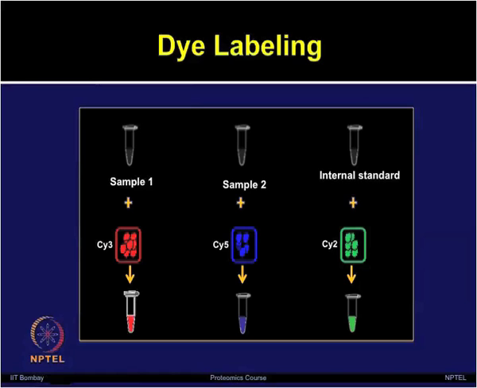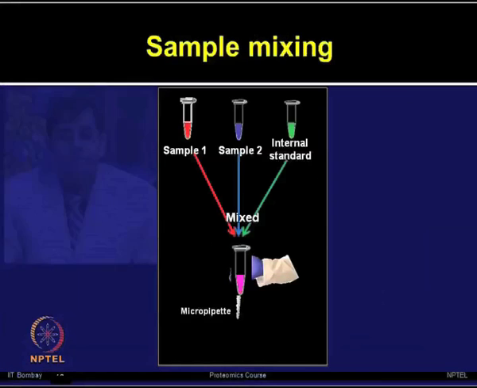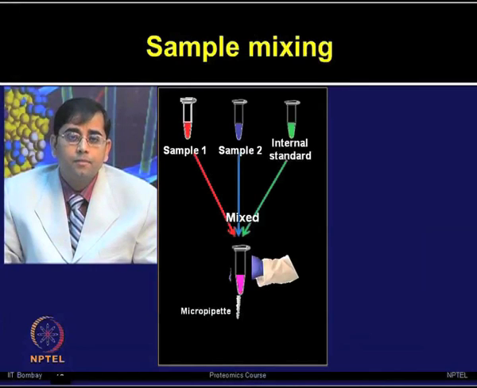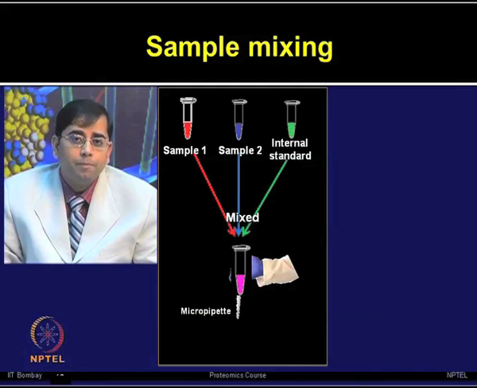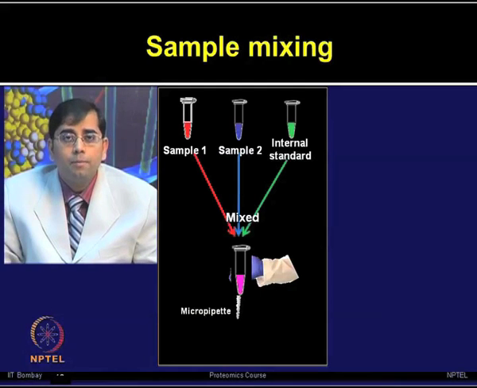So, sometimes it should be Cy3 and then a few samples should be Cy5 and vice versa. Once labeling is done, all 3 labeled samples, Cy3, Cy5 and Cy2, should be mixed in one combined tube.